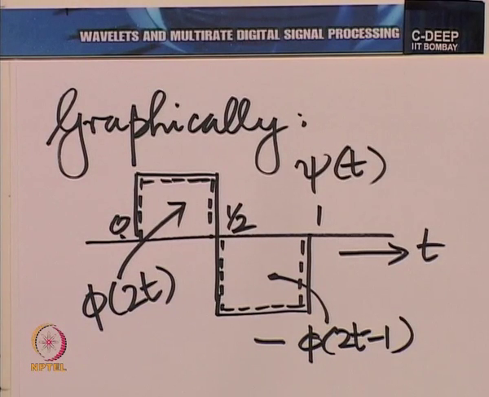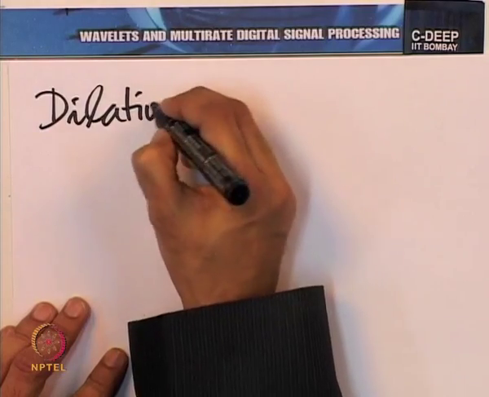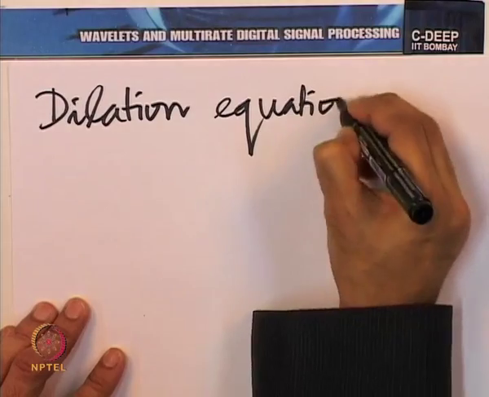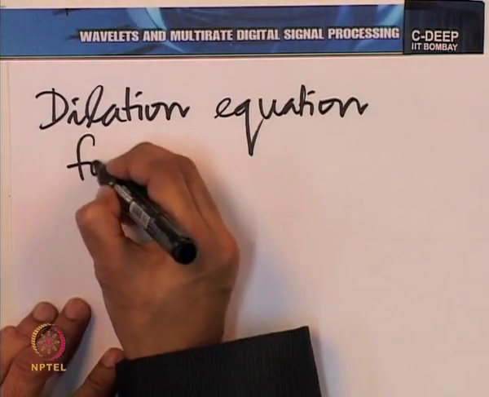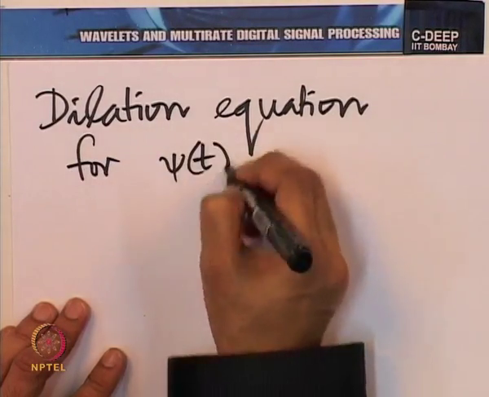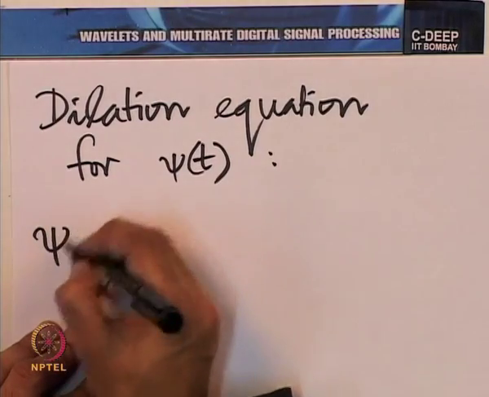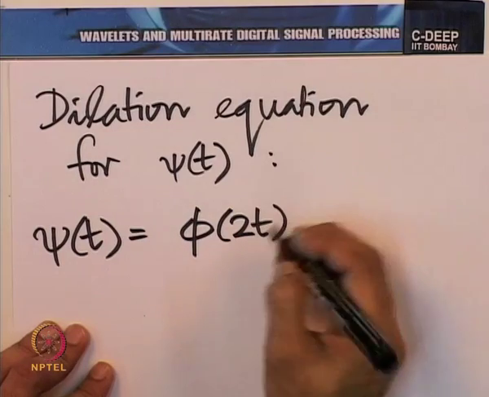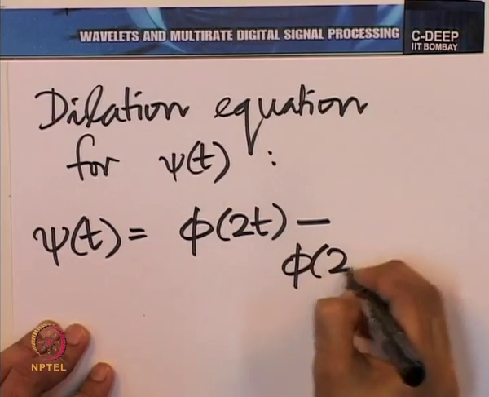And therefore, we have a very simple dilation equation for psi t. Now, here it is not recursive, but it is a dilation equation all the same. So, dilation equation for psi t. Psi of t is phi 2 t minus phi 2 t minus 1.